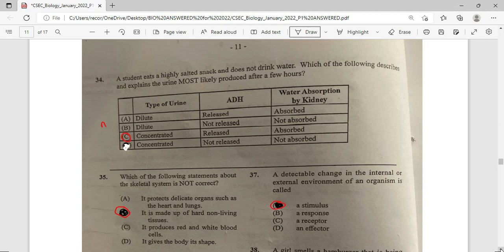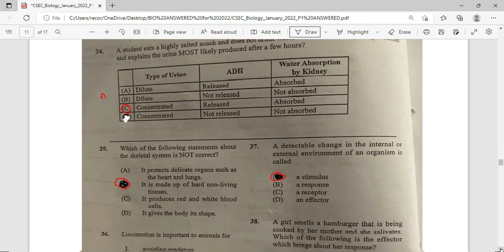We are in no way discrediting the person who wrote on the paper before. A student ate a highly salted snack and does not drink water. Which of the following describes and explains the urine most likely produced after a few hours? What's our answer here? Our answer is going to be C. The answer that was supplied was D. This is a new question. I will move right along.